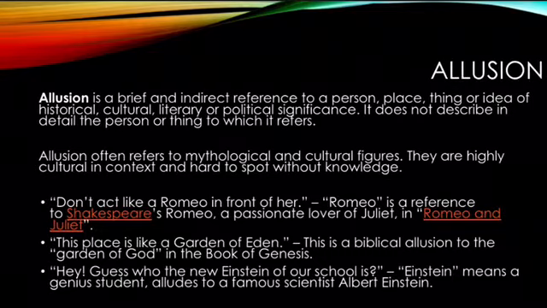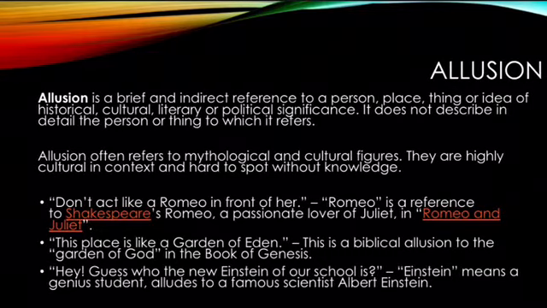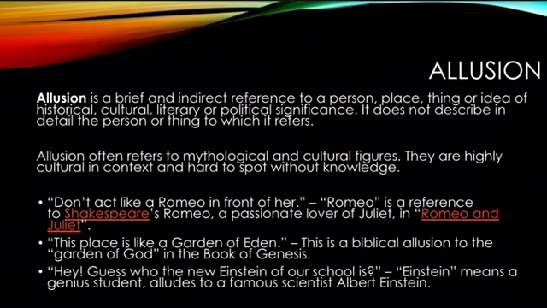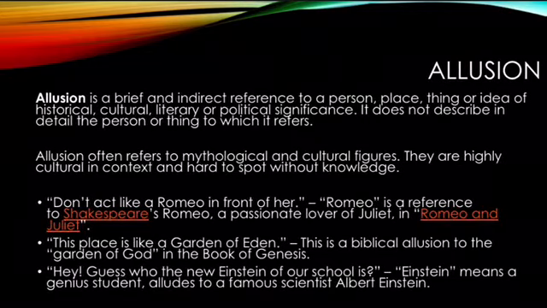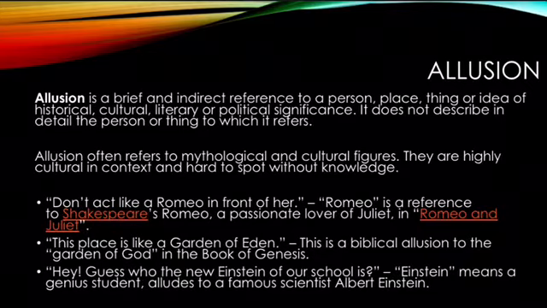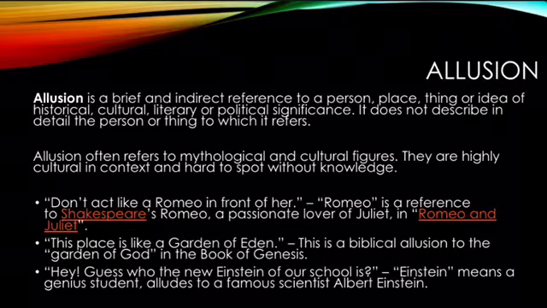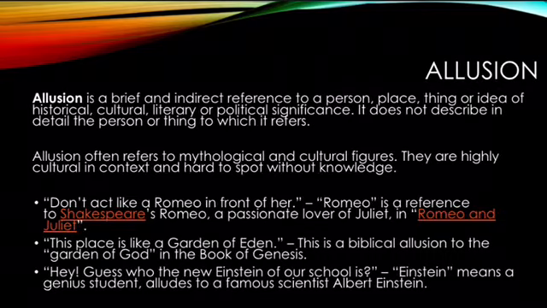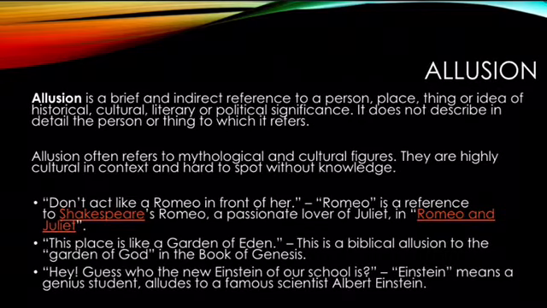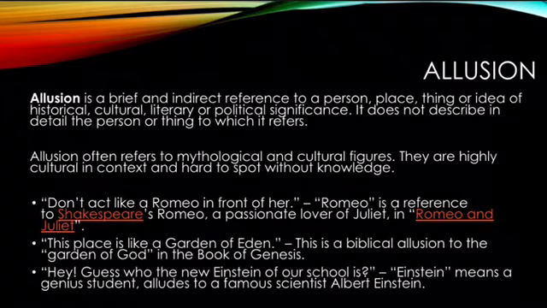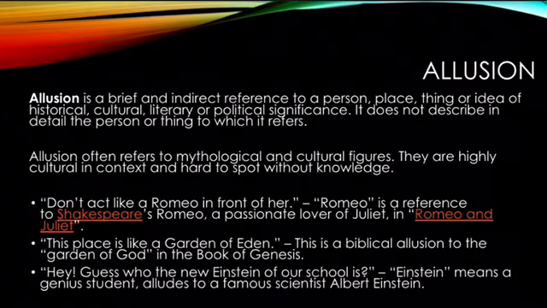Allusion can be really tricky because allusion is very cultural in context, and so often we may not pick up allusions because they're really specific to the culture of the person who is writing. Allusion often refers to mythological or cultural figures that would be widely known within that culture. The context may be hard to spot without background knowledge.